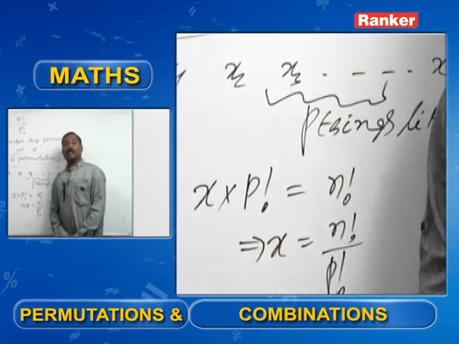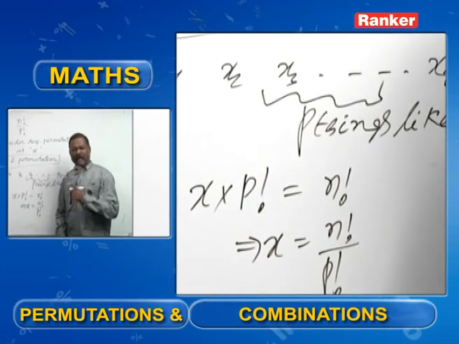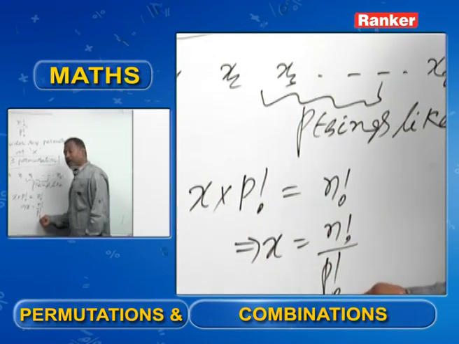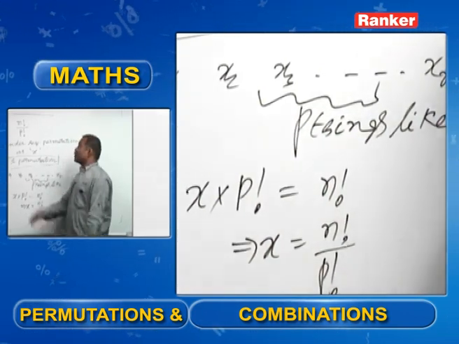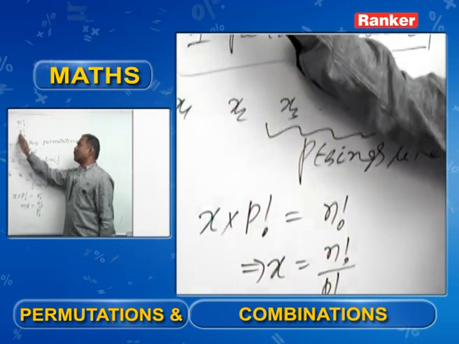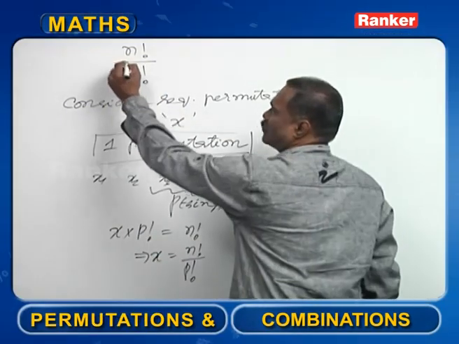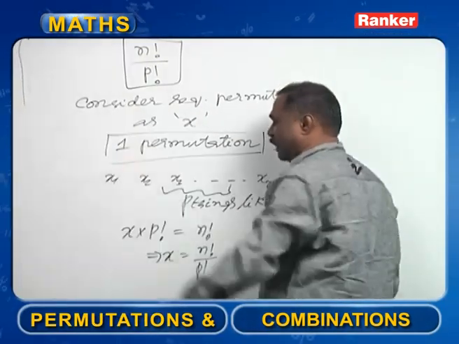So whenever you have repetition or like things, count the number and divide by its factorial. The number of arrangements of n things, when p things are alike, is n factorial upon p factorial.